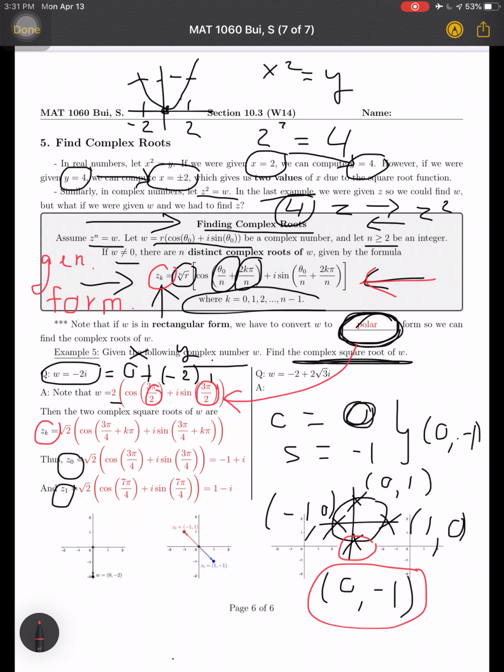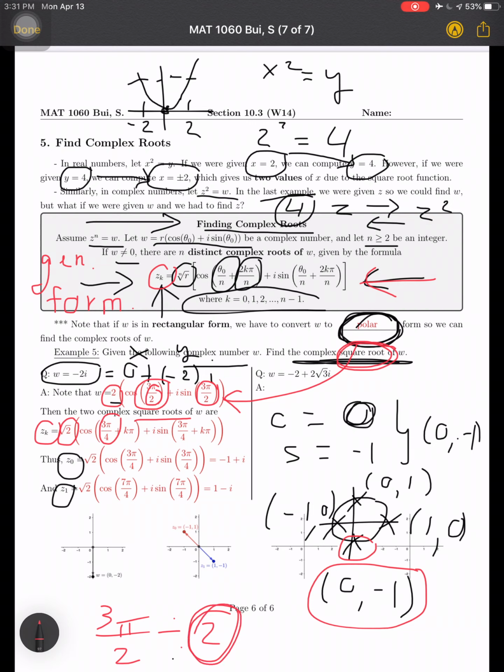So the general formula, what do we have to do in here, right? Because we're trying to find the square root, for the radius, we're going to take the square root of it, and for the angle, we're going to divide it by 2. So 3 pi divided by 2, divided by another 2. And this 2 is for the square root.